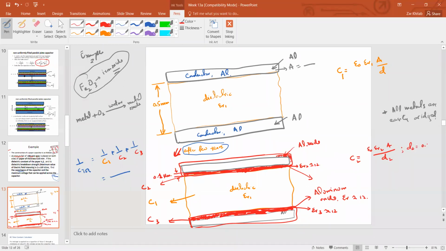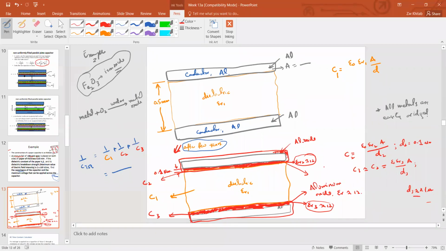D2 is 0.1 micrometer. Similarly, we have C3, which is nearly same as C2, which equals epsilon naught, epsilon R3. Epsilon R3 is basically epsilon R2. The two are same, because they both are aluminum oxides, and A is still the same, and D3. So D3 is nearly again 0.1 micrometer. Okay, so you calculate these three. Okay, बात ये समझ आ रही है?